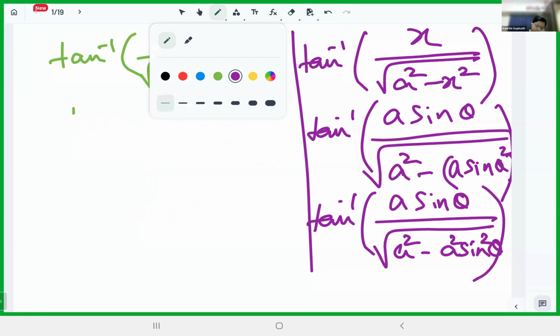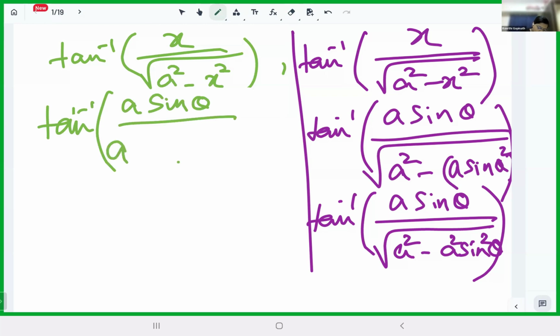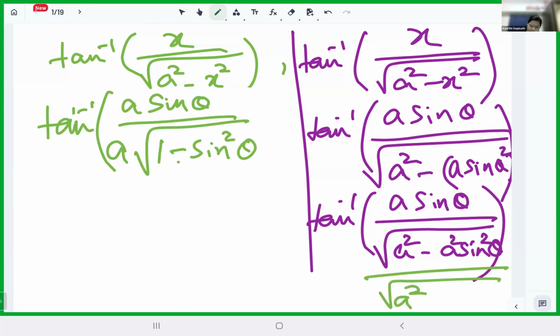So here you can take a common. Tan inverse of a sine theta divided by a into root of 1 minus sine square theta. Here you can add one more step: in the denominator you can simplify it by taking a square outside from both of the terms.